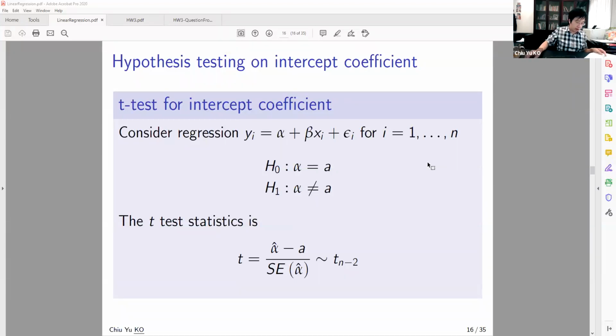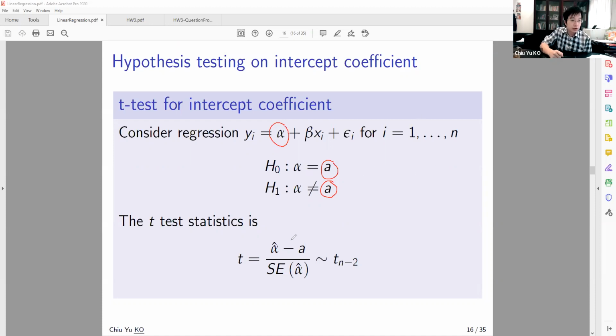So now we have the t-test, okay? So we want to do a hypothesis testing, okay? The key thing we want to know is whether alpha is equal to a certain number, not necessarily zero, but we want to see whether the intercept is equal to a certain number, right?